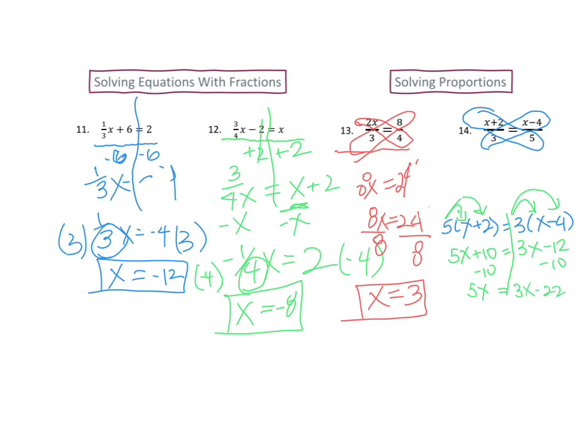Now this 3x has to go, so I go minus 3x, and I get 2x equals, since this goes away, negative 22. Last step, divide by the number in front of the letter, in this case 2, x equals negative 11. Voila! Did you get that one? I hope you did.